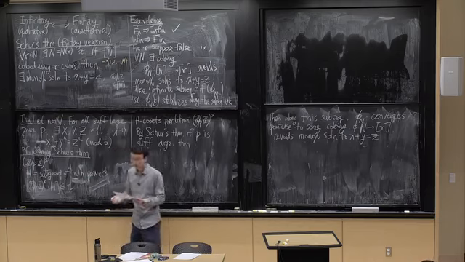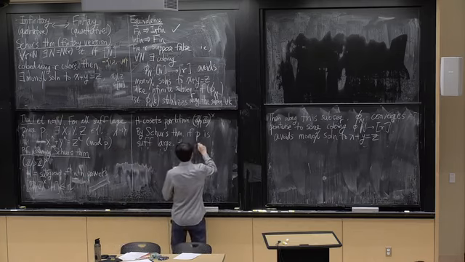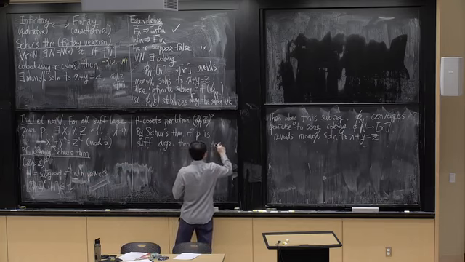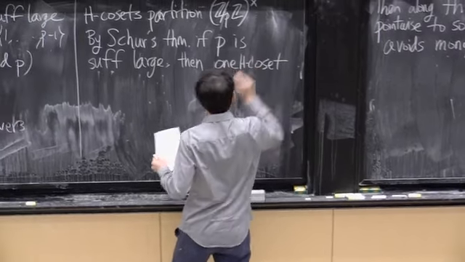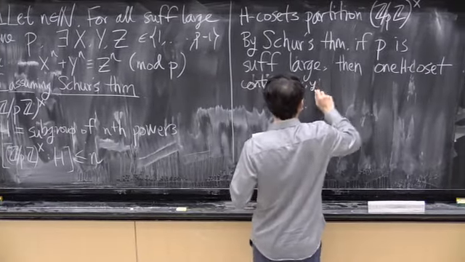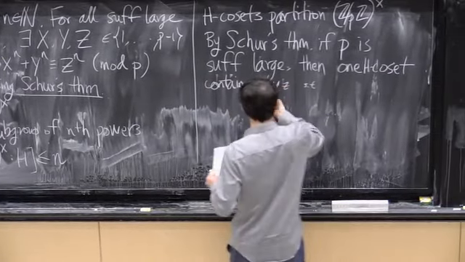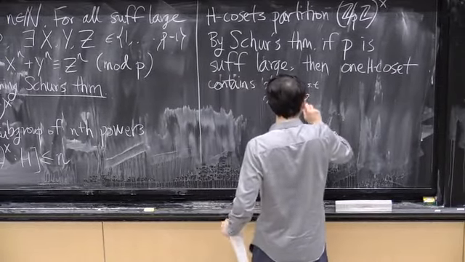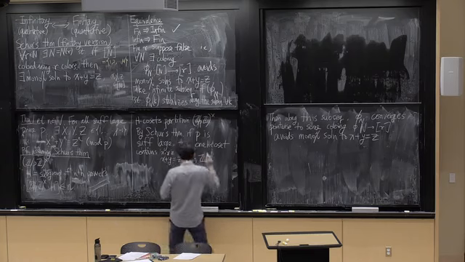What does that look like? One H coset contains x, y, z such that x plus y equals z as integers.